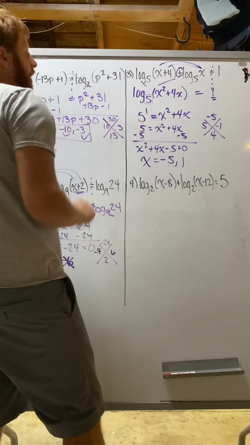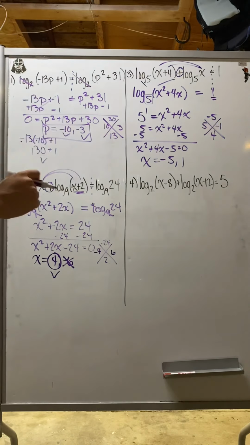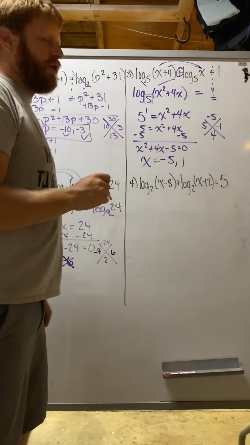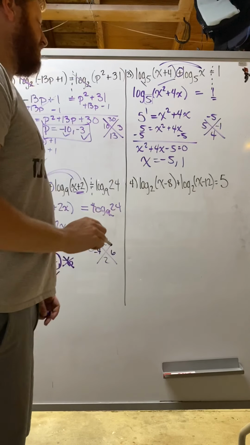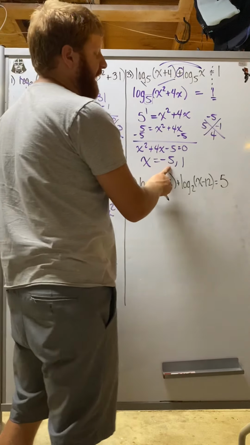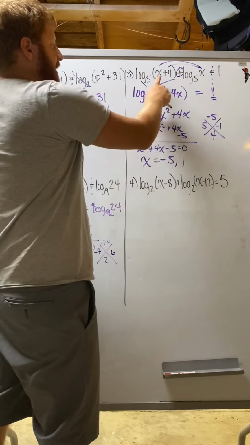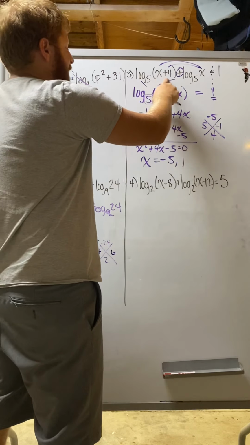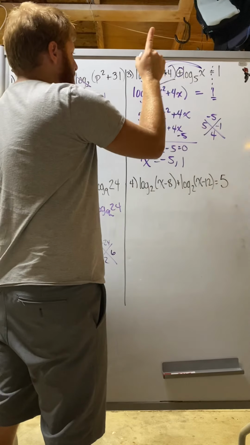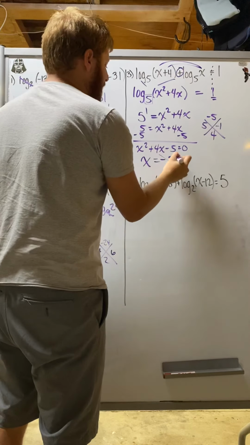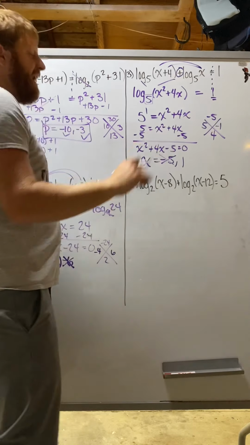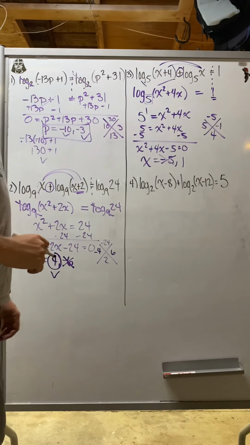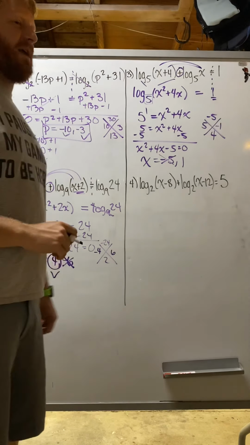We're not done though. We have to plug these back into our arguments and make sure that we get positive arguments. So starting with negative 5, in fact. If I plug negative 5 in with positive 4, negative 5 plus 4 is negative 1. I can't have negative numbers in my argument. I don't even have to check the other log to know that negative 5 isn't a number I can get.